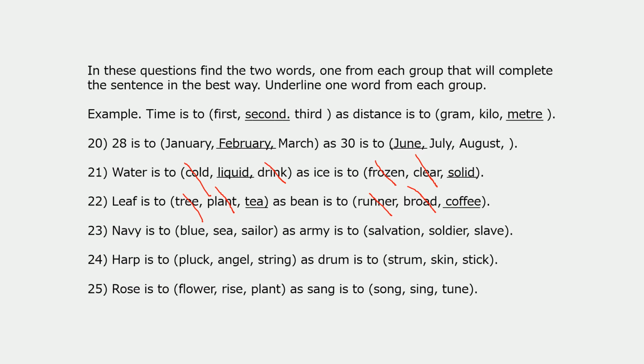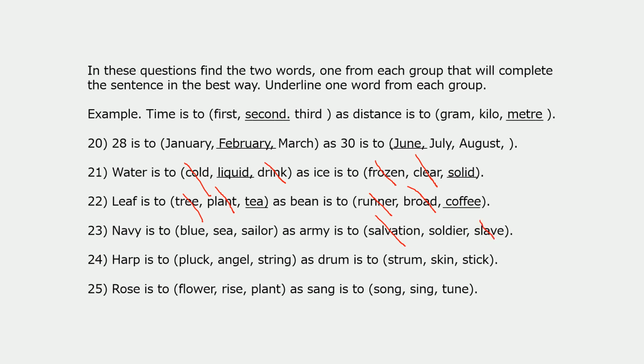So, what do we think? An army is, of course, consisting of soldiers. Salvation has nothing to do with any of the three words in the navy bracket, so we can cross that out. The army regularly doesn't have slaves, so we can cross that out.